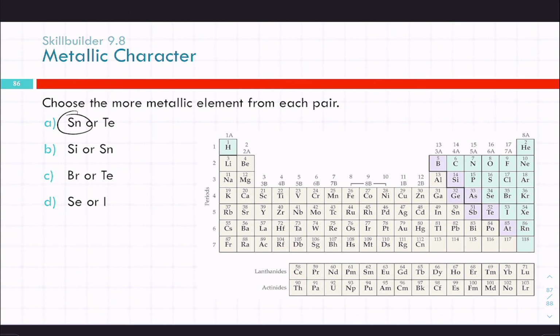Tin again. Tin for the win. What about bromine or tellurium? Tellurium. Selenium or iodine? Same trend as atomic size, so going down a row is more important, although very, very slightly, if any, they'd be roughly the same.